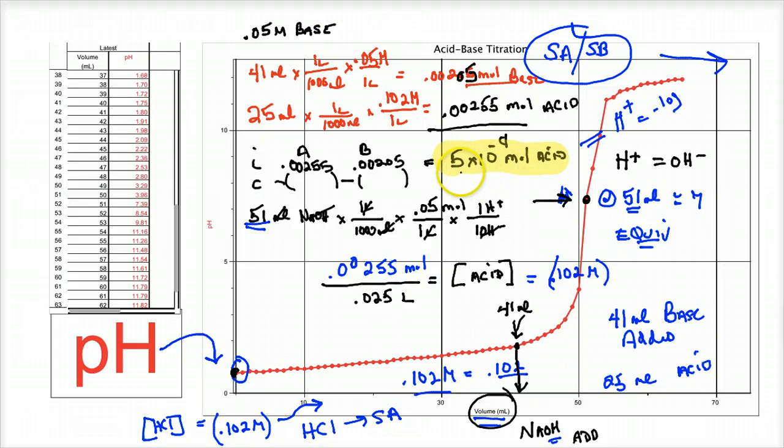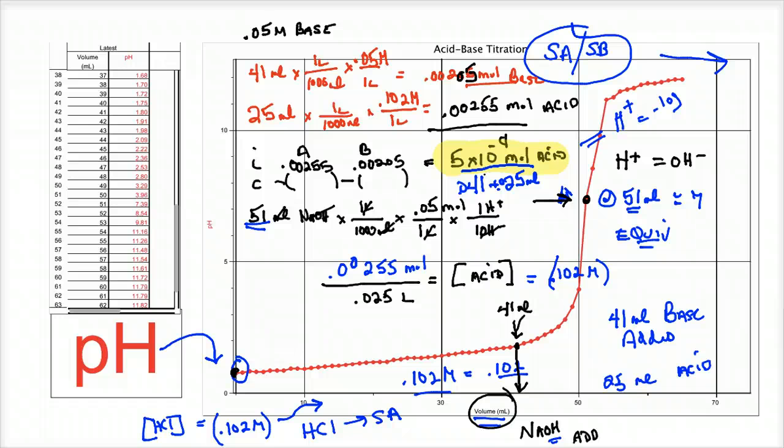So let's take the moles of this and divide by the volume it's in. And this is very important, because at this point, we're going to use total volume, right? We have 41 milliliters of base added, plus we have what? 25 milliliters. And of course, that has to be in liters on the bottom. So 5 times 10 negative 4 divided by 0.041 plus 0.025, converting to liters.